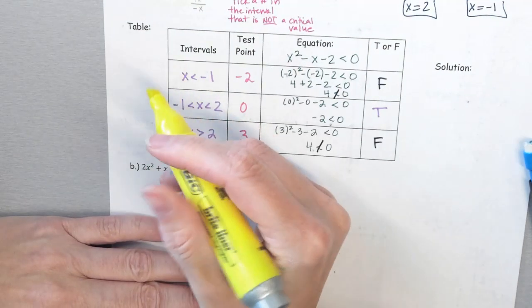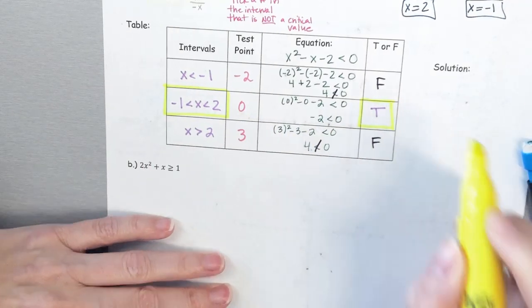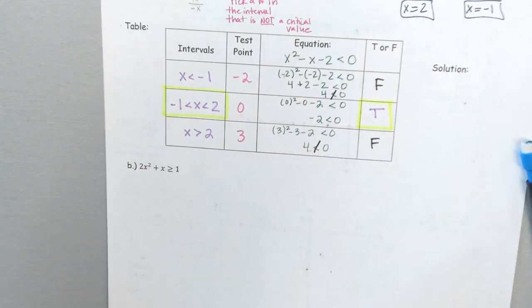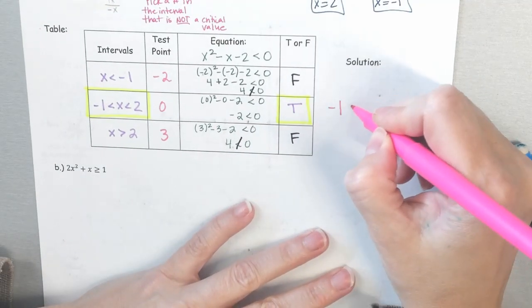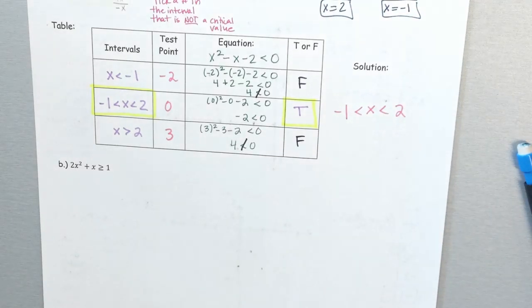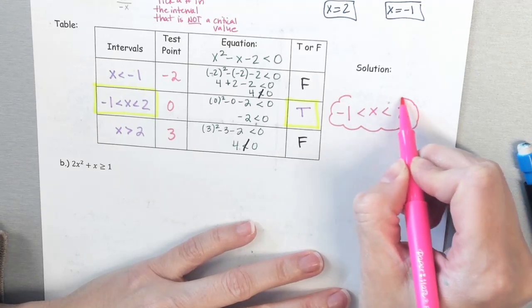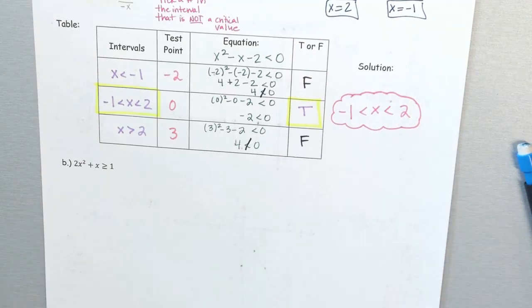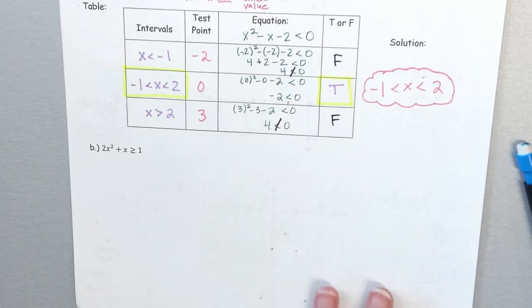Because this interval gave us a true statement, your final answer is -1 is less than x, which is less than 2. Which means all of these values in between here are going to make that a true statement.